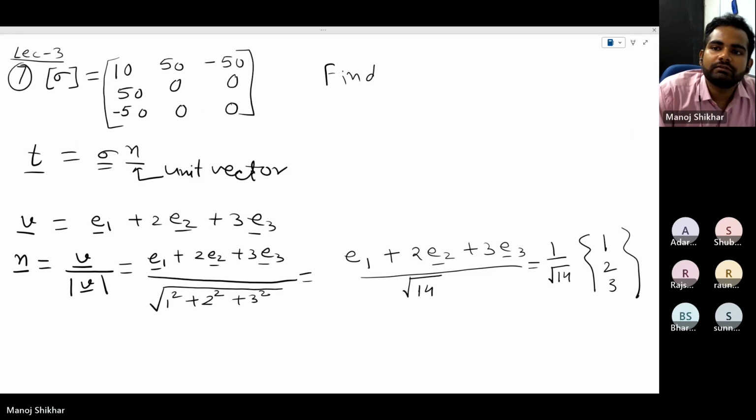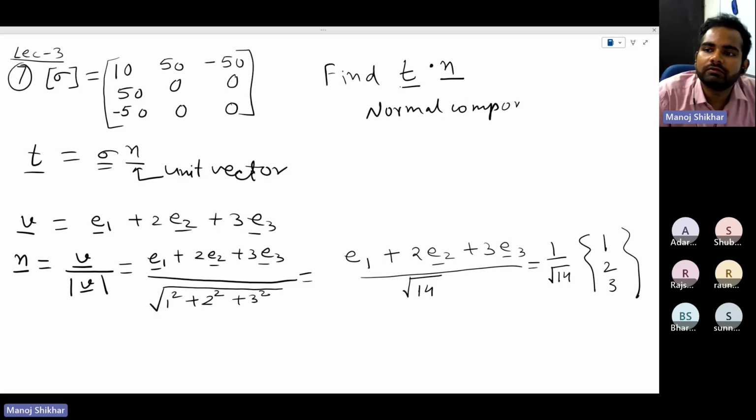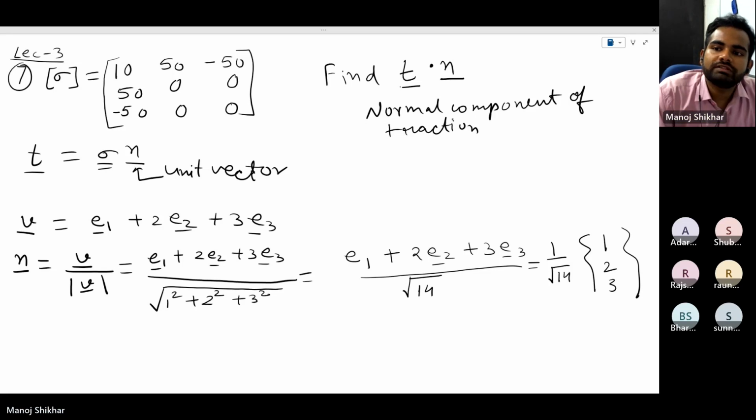Find T dot n. So this is what they have asked you. Normal component of traction. This is what you need to find.